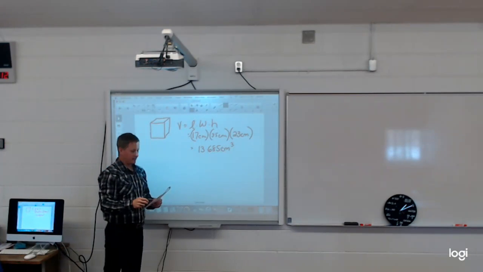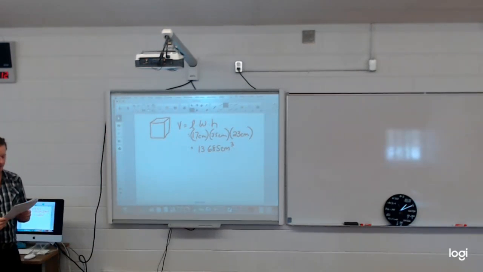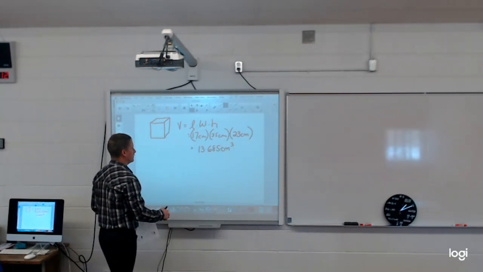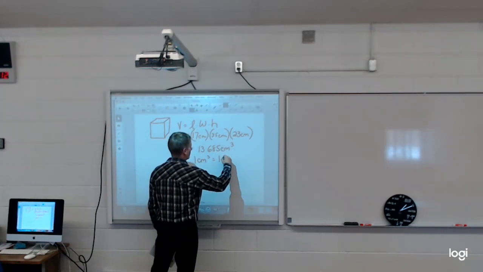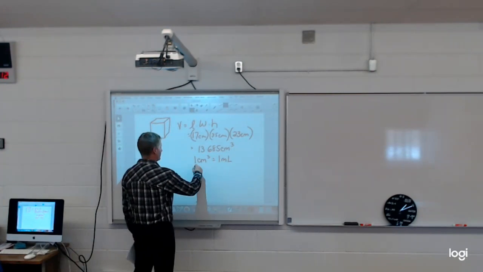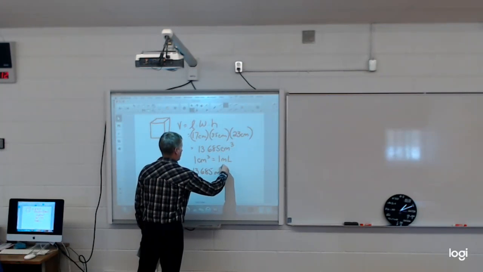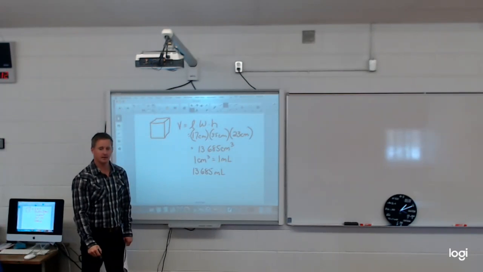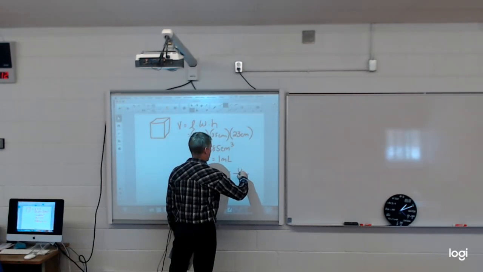Okay. So it says, what is the volume of the aquarium? So 13,685. And it says, what is the capacity of the aquarium in liters? Well, 1 centimeter cubed is equivalent to 1 milliliter. So if that's the case, how many milliliters do I have? 13,685 milliliters. Right? And then I want to convert it to liters. So how do I convert it to liters? Divide by 1,000. Very good.